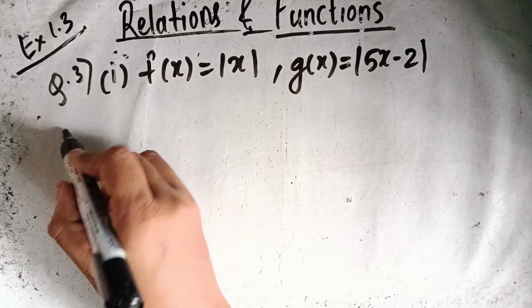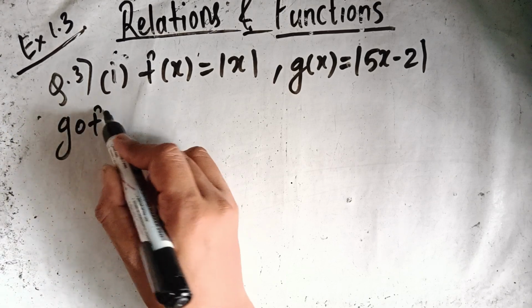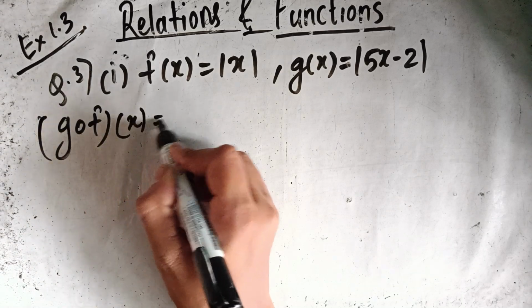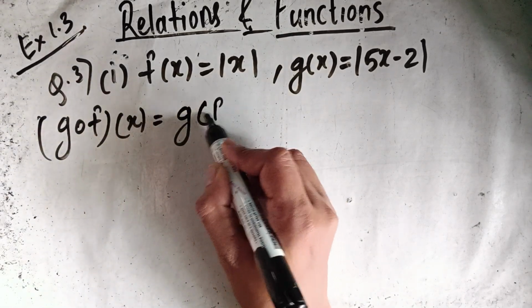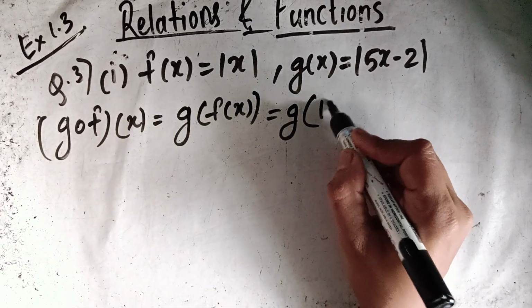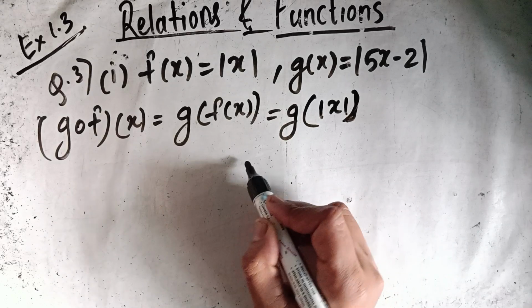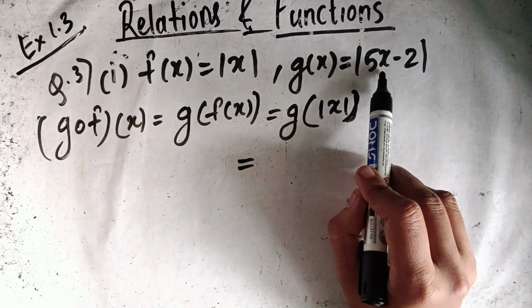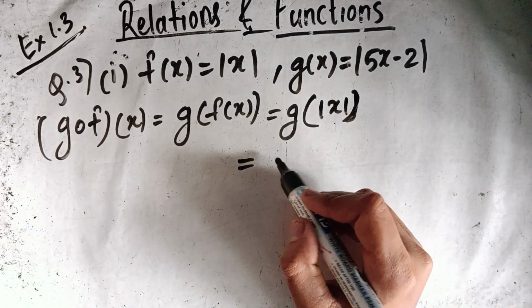starting with g composite f. So g of f of x, g of mod of x. So in place of x, you have to put now mod x.